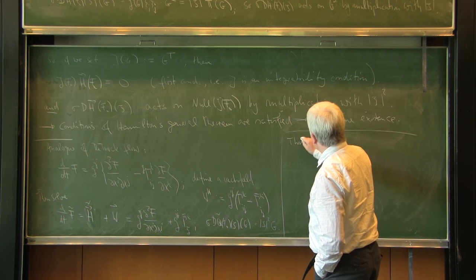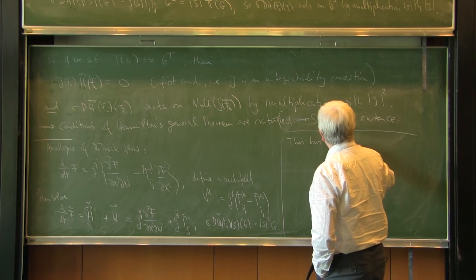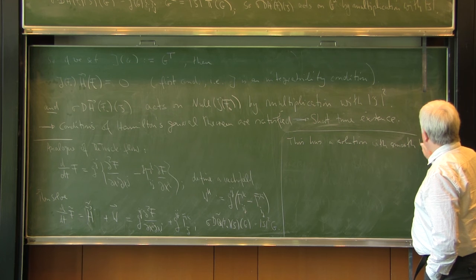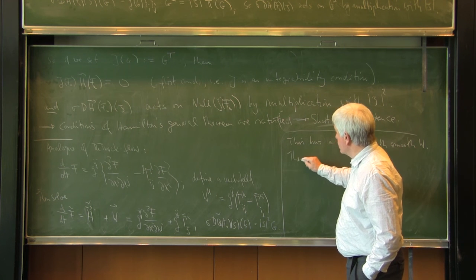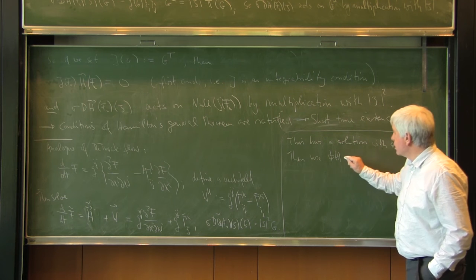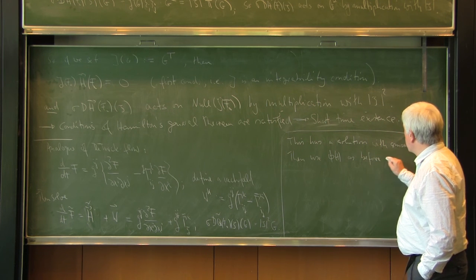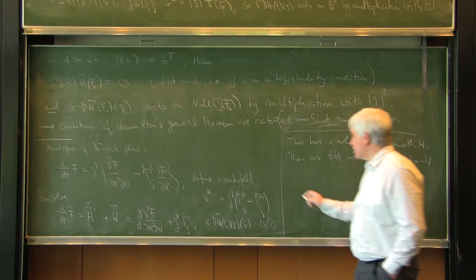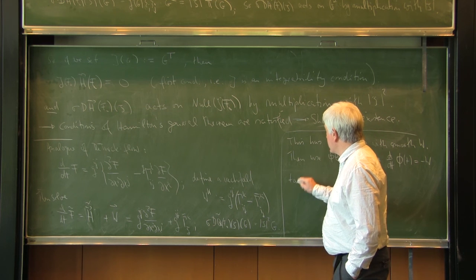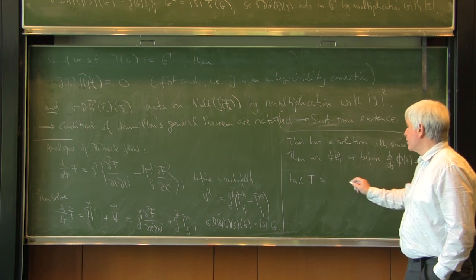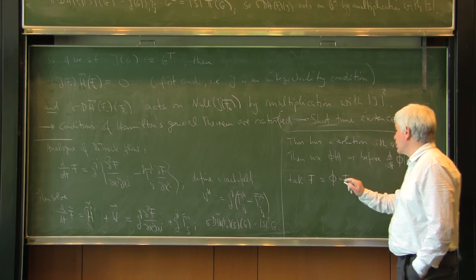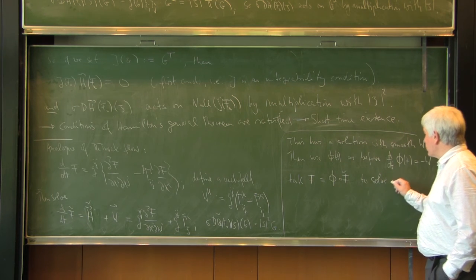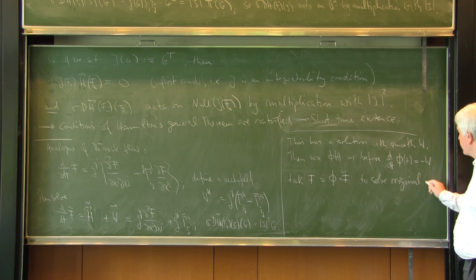This has a solution with smooth W, then use phi of t as before, d/dt phi of t equals minus W, and take f to be phi composed with f tilde, and this solves the original equation.